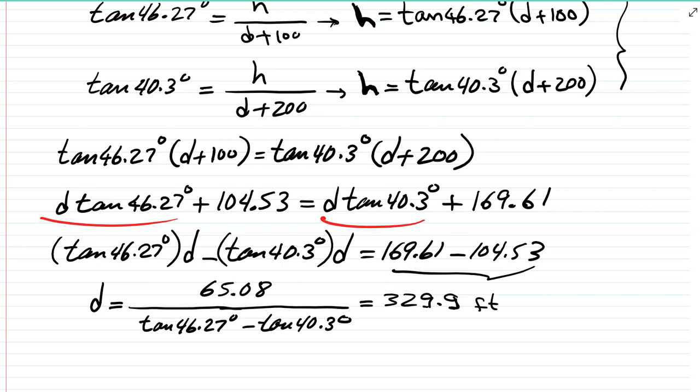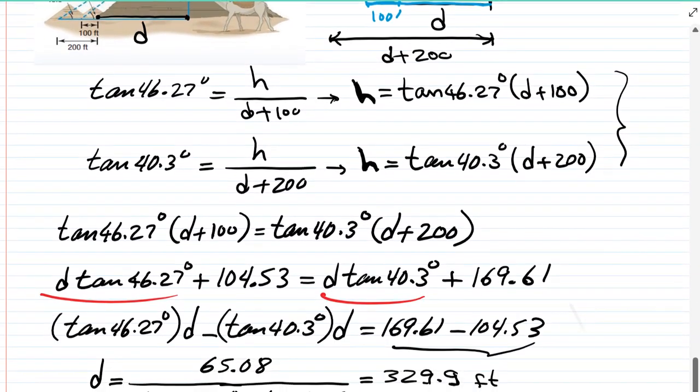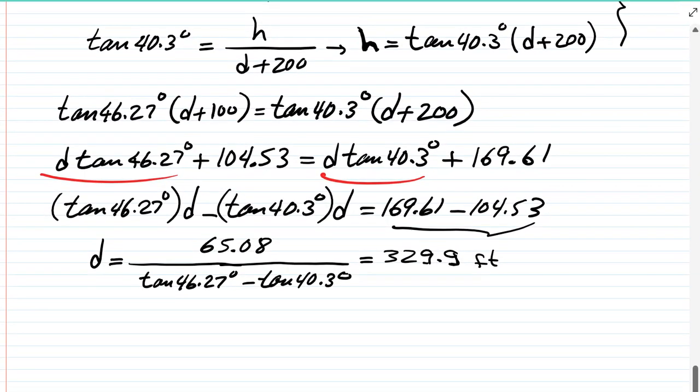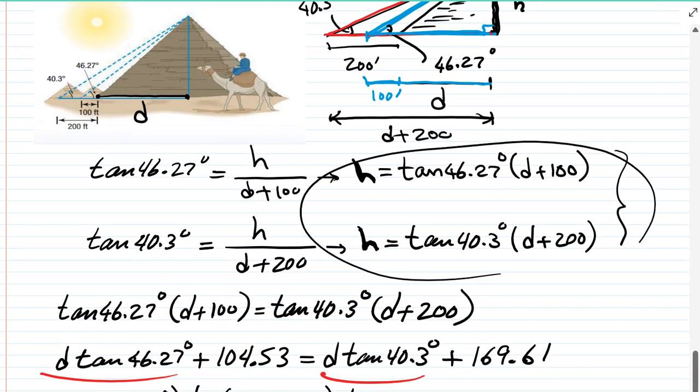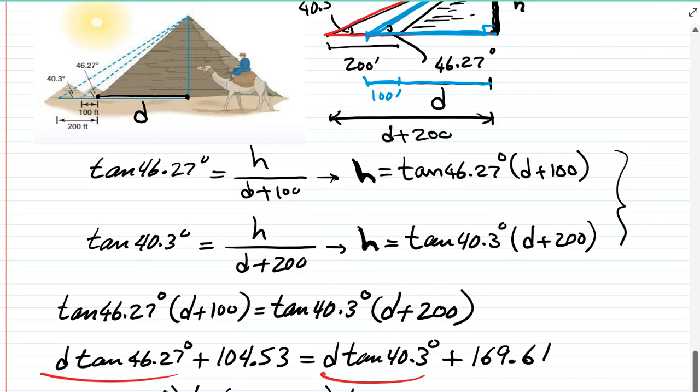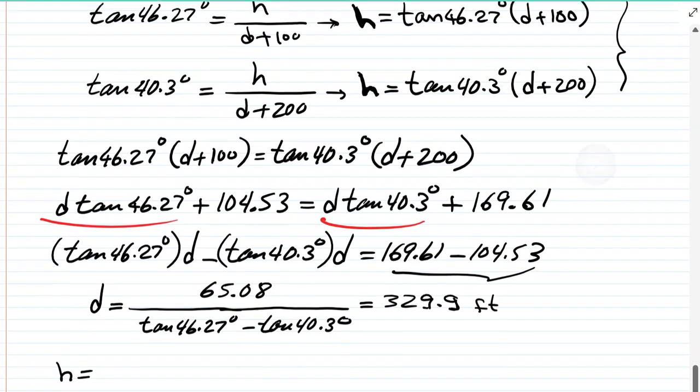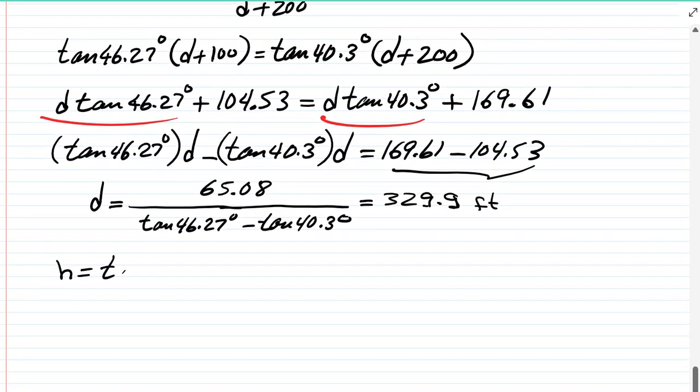The question wanted the height, right? I found d, so I can now use either of these two equations to solve for h, the height of the pyramid. Okay, and let's say I use the first one, tangent of 46.27 degrees times d plus 100, that's 329.9 plus 100.